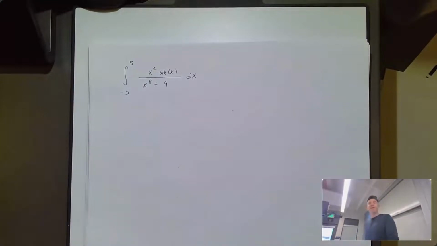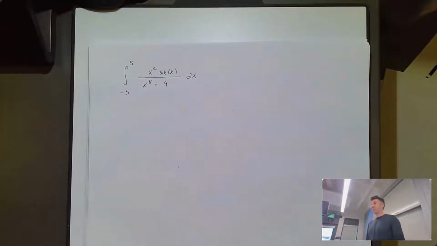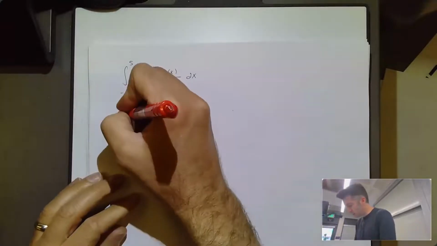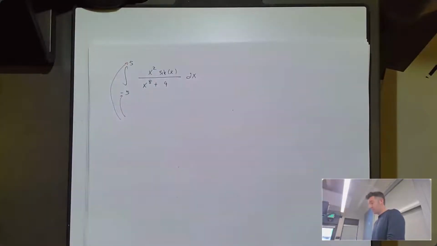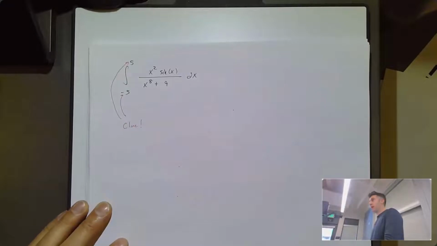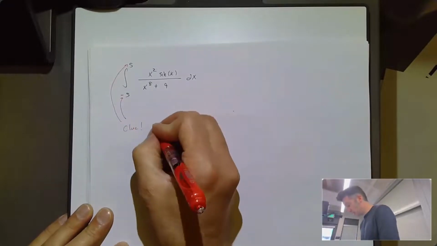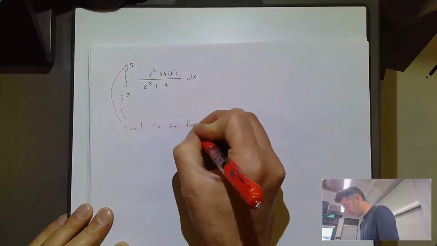And the problem with that is, I don't know how to anti-differentiate that. It's almost definitely not anti-differentiable. But the point is, you don't have to be able to anti-differentiate it. So if you see that these limits of integration are opposite numbers, that's a clue. And we should check to see, is the function odd?